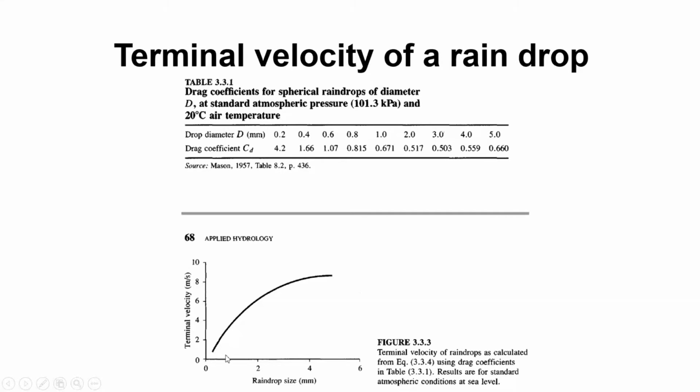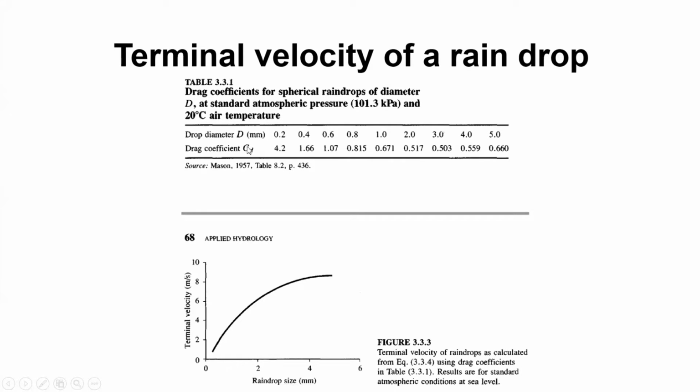We can see that as the raindrop size increases, terminal velocity increases, and at approximately 5 mm, terminal velocity no longer increases with diameter. So the maximum velocity of a raindrop, irrespective of its size, is 8 meter per second.